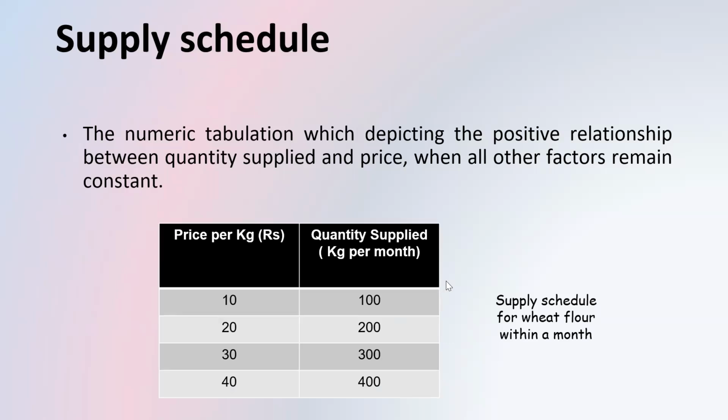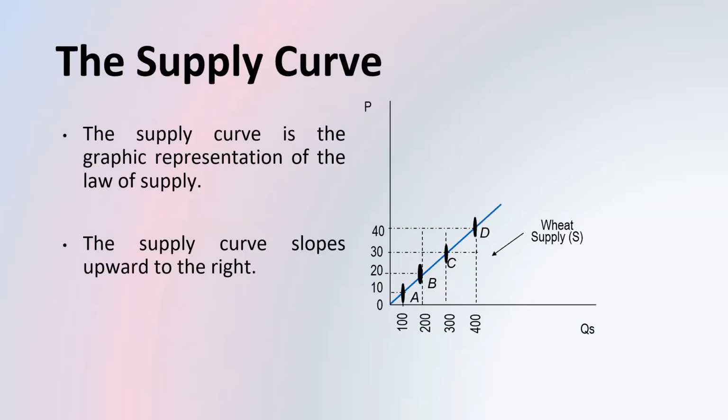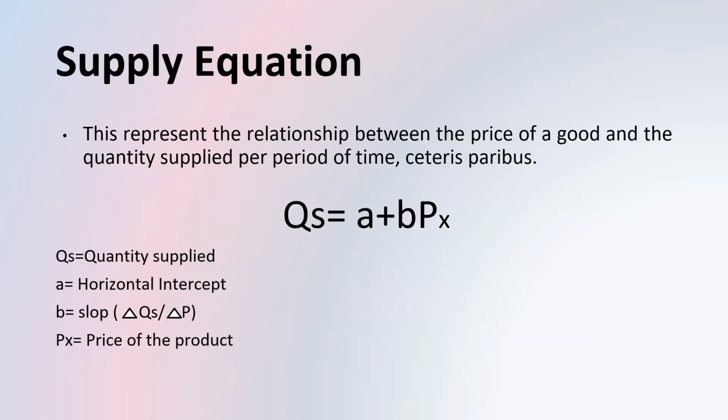The law of supply can also be explained using a graph, a table, and the supply curve. This is the supply equation. Here also, A is the horizontal intercept, that means when price equals 0, how much is the quantity.